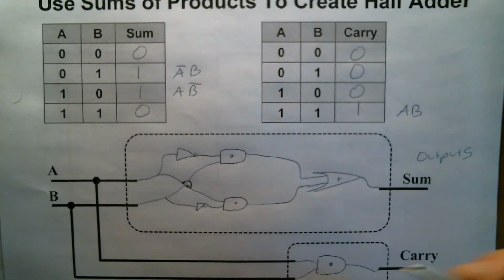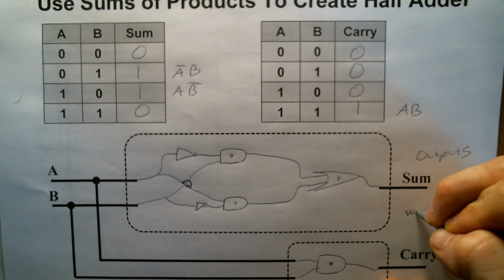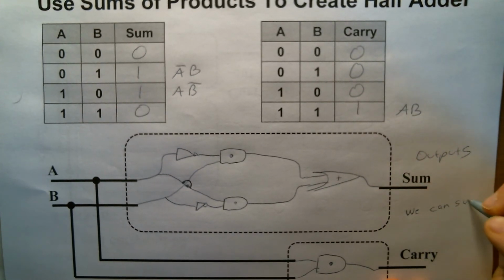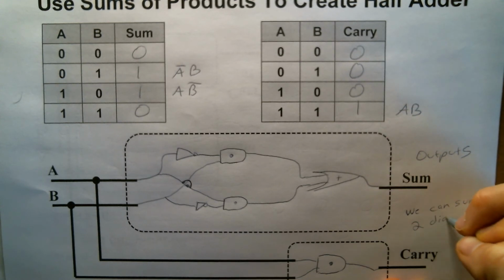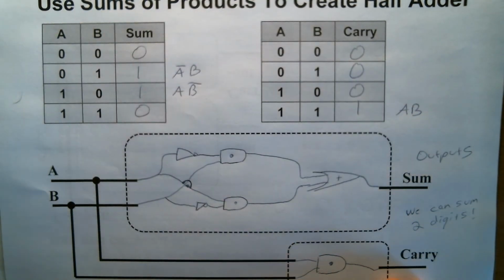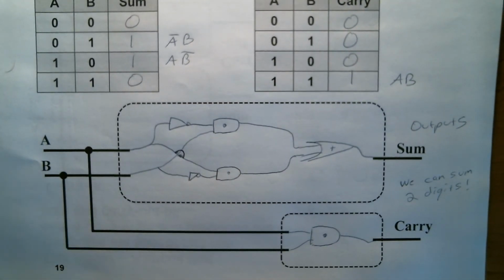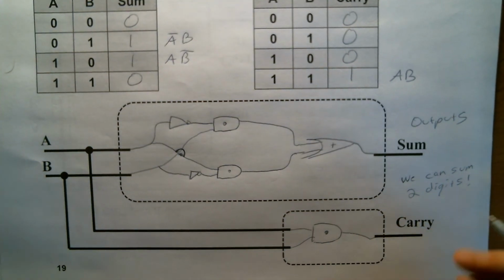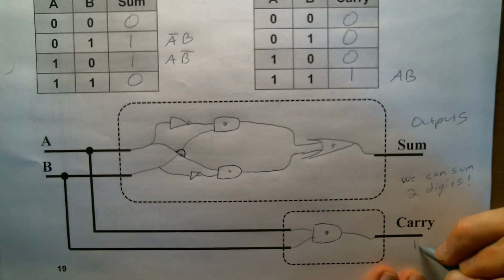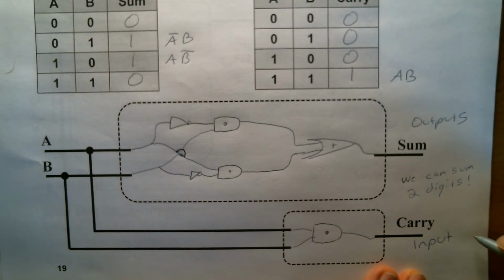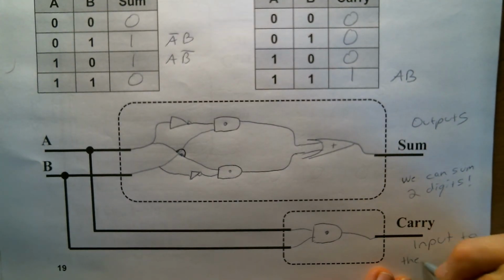But now with this, we can sum two digits. We just taught a computer how to sum two digits by wiring up these gates in a specific fashion to produce the behavior that we wanted to produce. And this carry bit ends up becoming the input to the sum of the next digits.